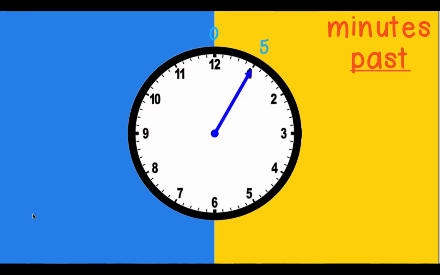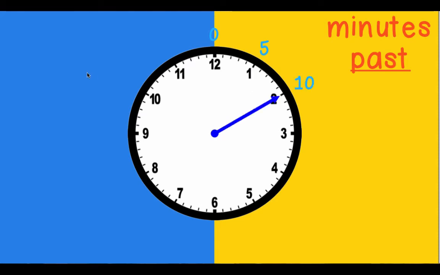As we move around, our large numbers, the hour numbers, are actually representing our minutes past. And we know from just previously that the 1 represents 5 minutes. As we keep moving around the clock, we keep counting in lots of 5, because between each hour number there are 5 individual minutes: 1, 2, 3, 4, 5.